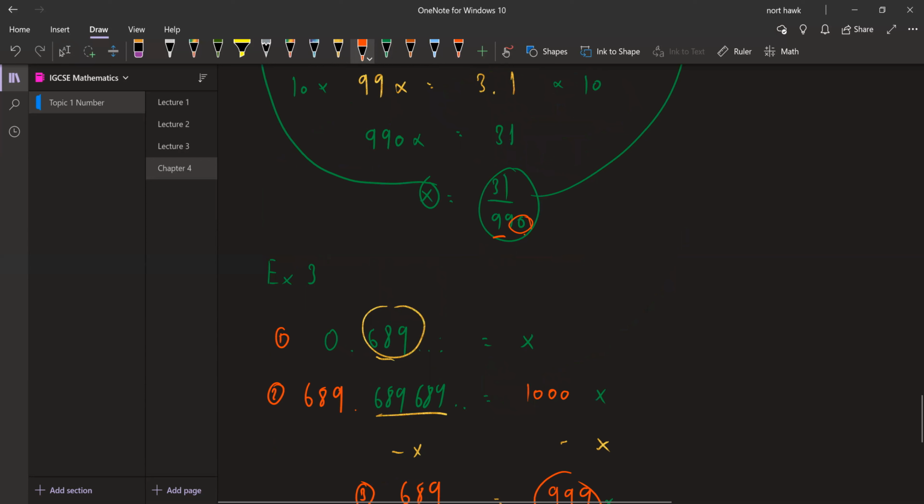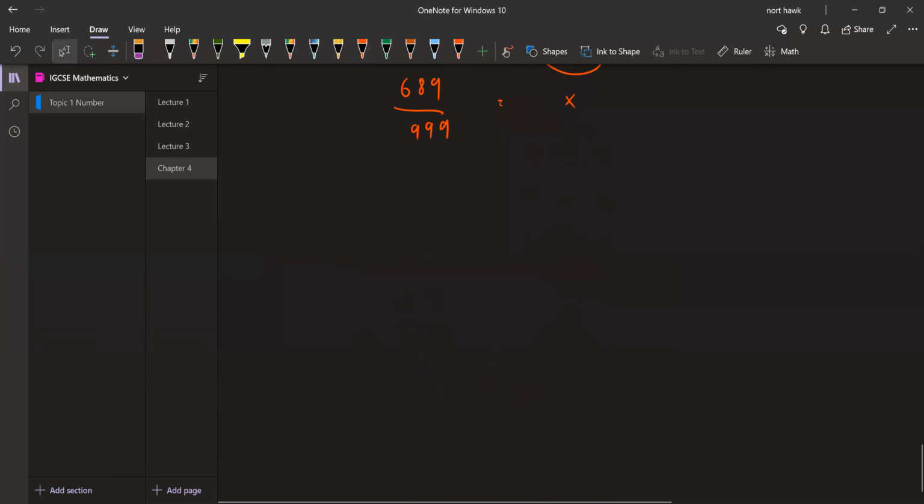Okay. Let's go with another one, final example. 2.0406 repeating, so only 406 repeating.